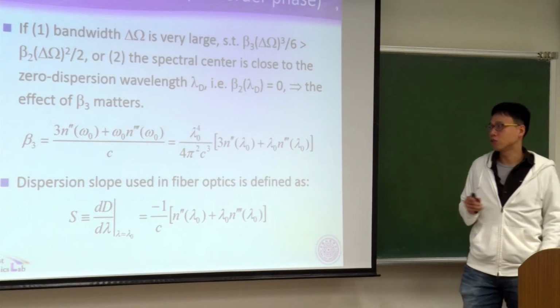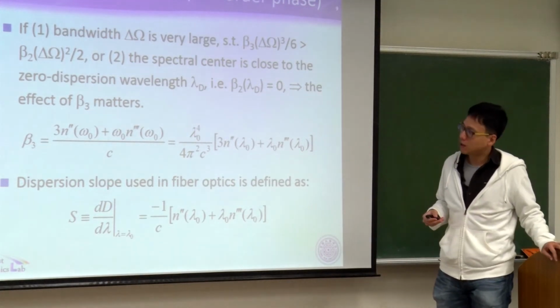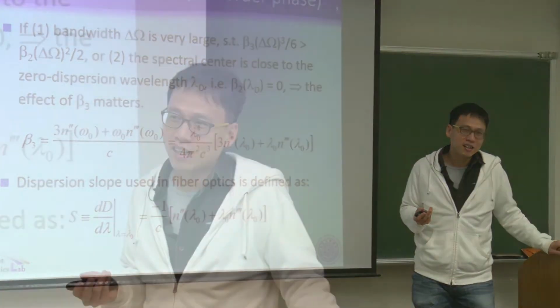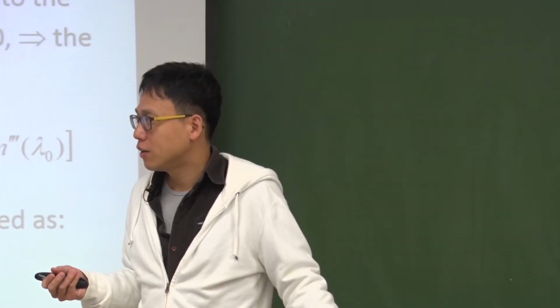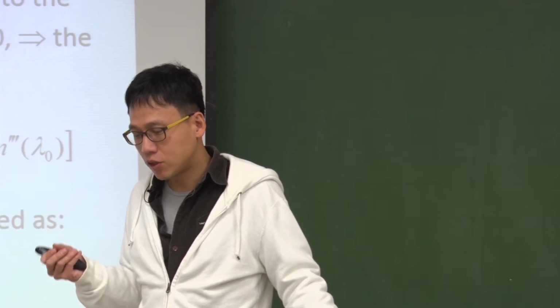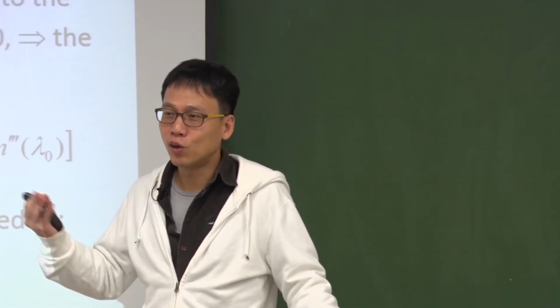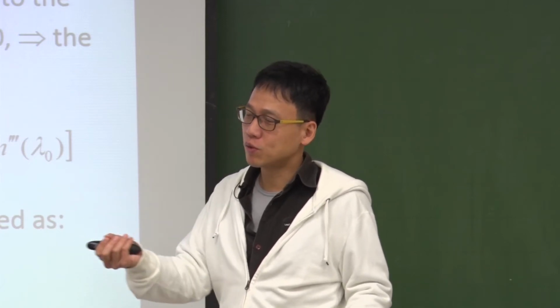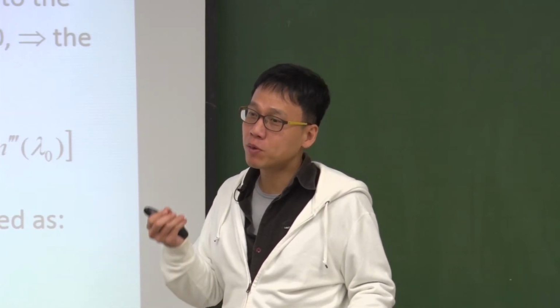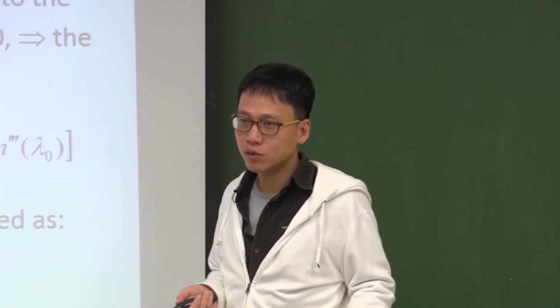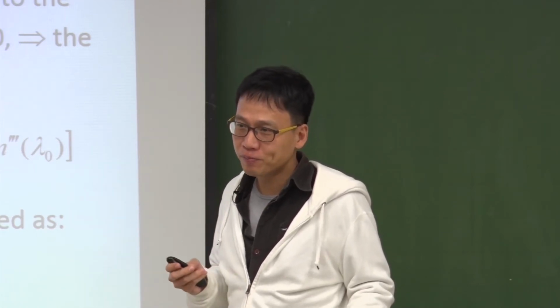Actually, this issue involves some history of fiber optics development. We know zero dispersion has been around 1300 nanometers for a long time, because if you use silica as the fiber material, the zero dispersion wavelength is there. People knew that a long time ago.